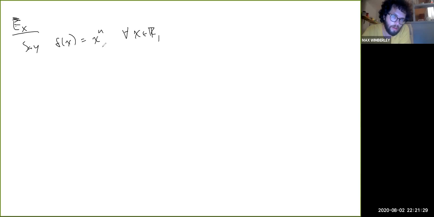Some familiar examples. Let's just do this one. Say f of x is x to the n for all x in R, where n is some positive integer.